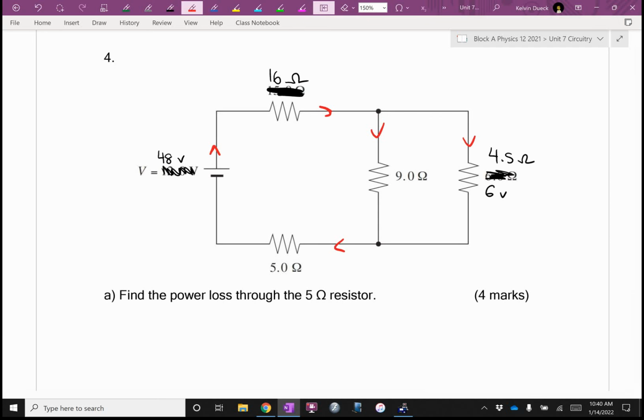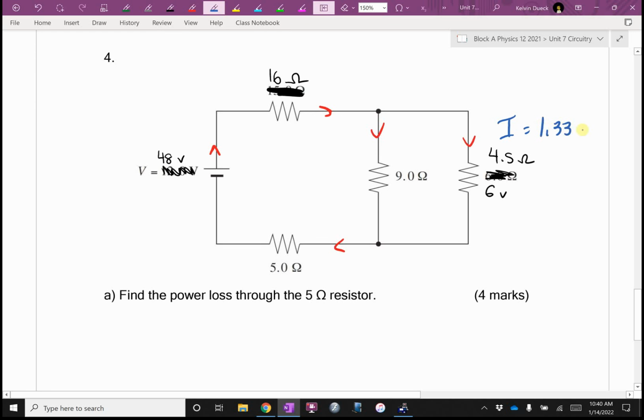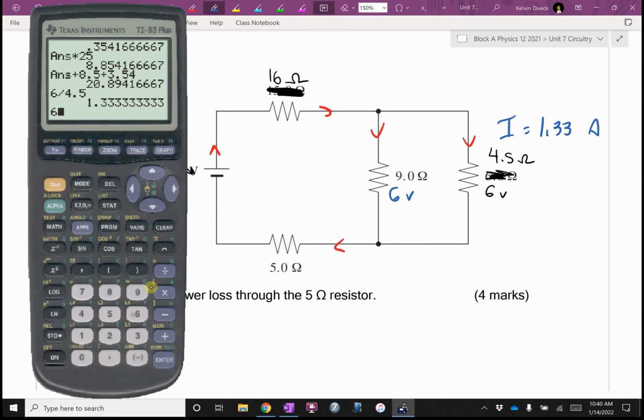Okay. Current is going to be 6 divided by 4.5. This might work out nice. 1.333333 amps. Oh, I also know that this is 6 volts. So 6 divided by 9 is 0.6666 plus 1.333333. You know what the total current is?